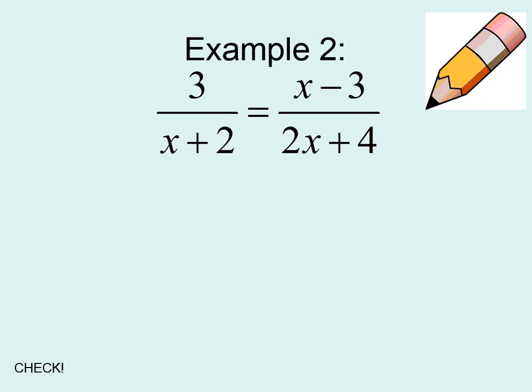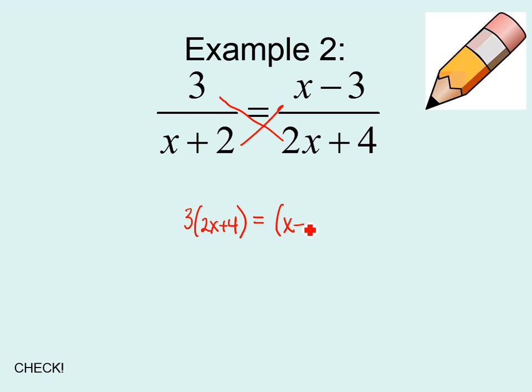So here's example number 2. Make sure you're putting these in your notes. This would say take 3 times 2x plus 4, and that will equal these two multiplied together. Now be careful, because a lot of times we just take the x times the x and the 2 times the 3.